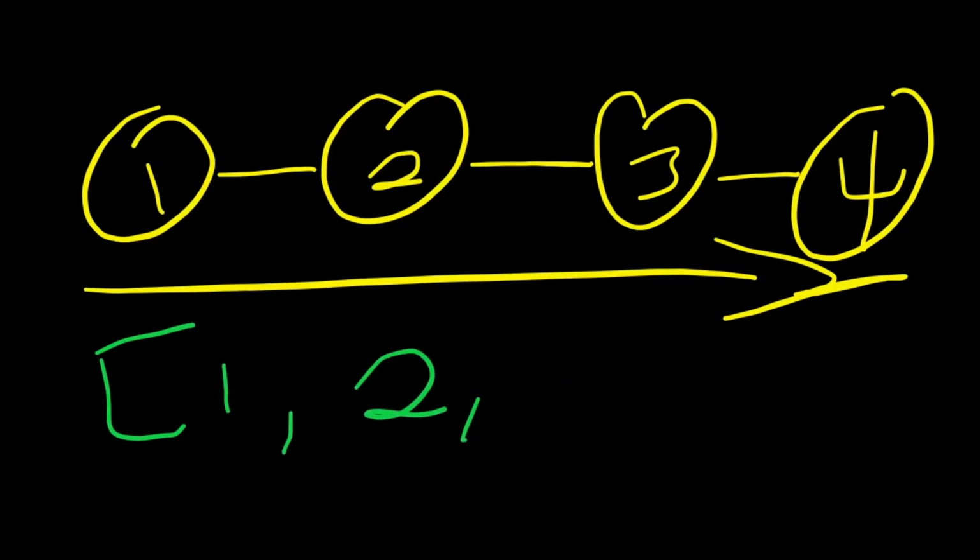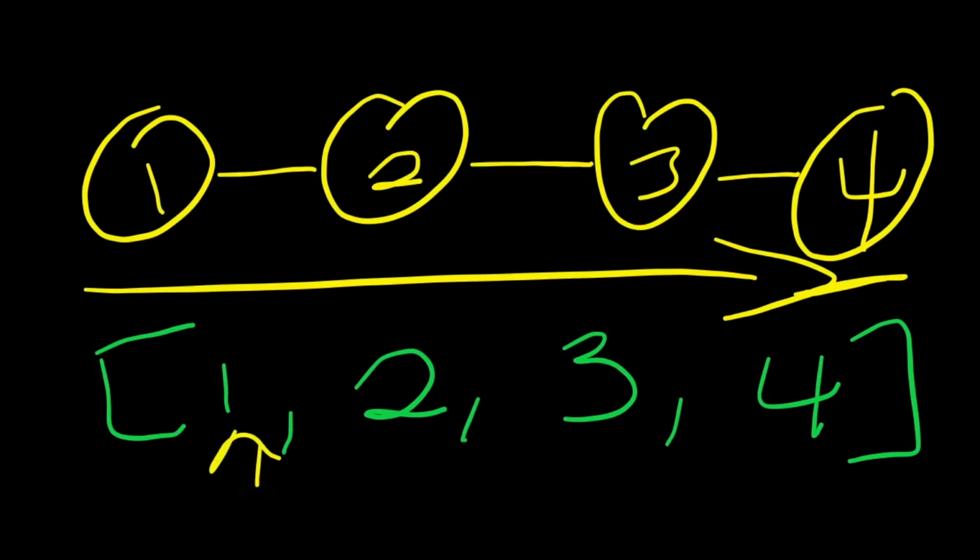Let me be consistent. Store the values in an array, and then use the two pointer approach, comparing the first element and the last element to check if it is a palindrome. So this is the intuitive approach.